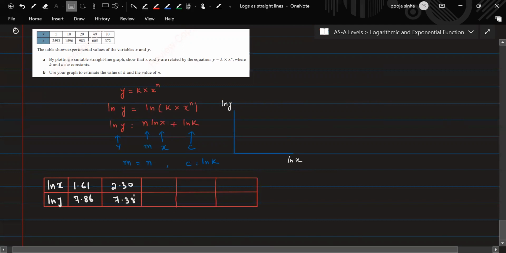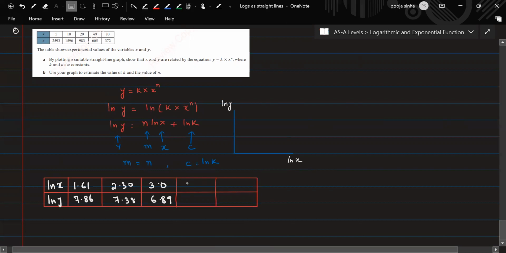Next, tell me all the values. 3.0 and 6.89.